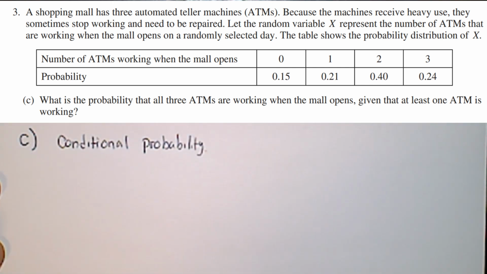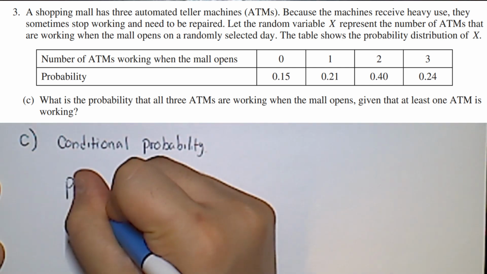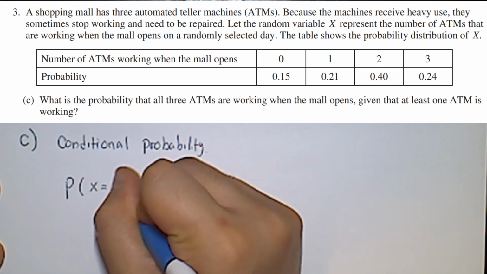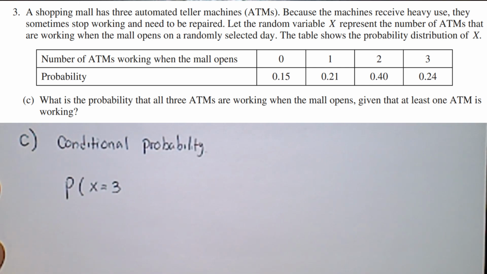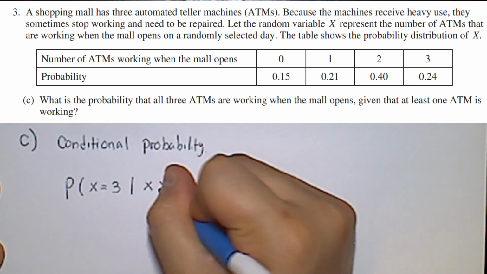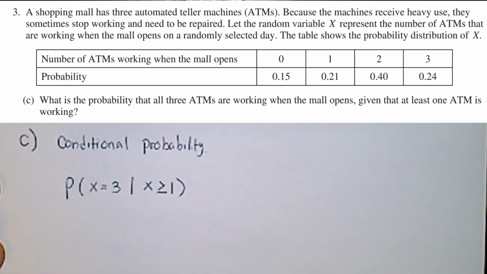And our condition is that at least one of the ATM machines has to be working. So you're looking for the probability of all 3 of them working, so x equal to 3, given that at least one of them is working.